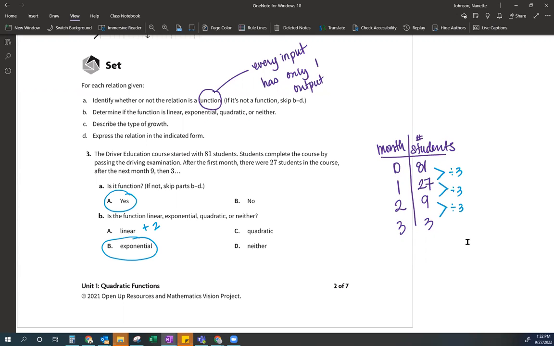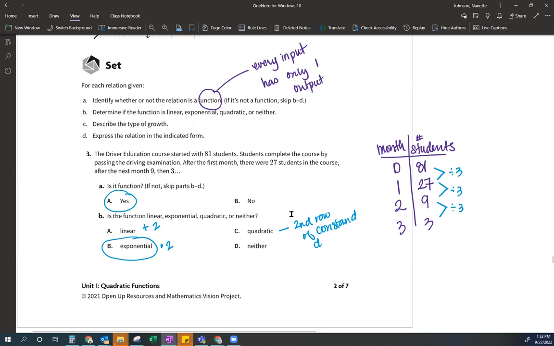Exponential is times 2, times 2, times 2, or in this case, divide by 3. Quadratic, you remember that table that we just did where the first row of differences was different and the second row was the same? So quadratic has the second row of differences the same.